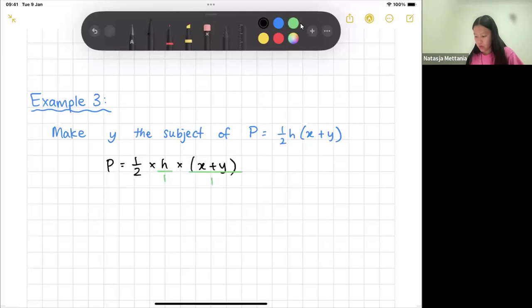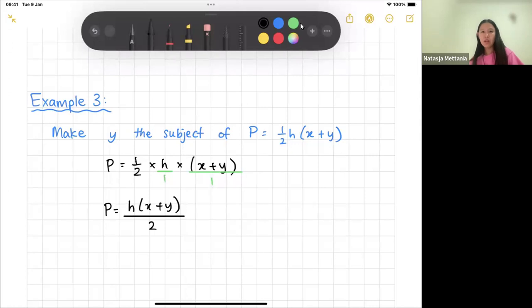Okay, so I'm going to follow it through. This will be P equals 1 times h times x plus y, which gives me h times x plus y, or in other cases you can write it like this, all over 2 times 1 times 1, which gives me 2.